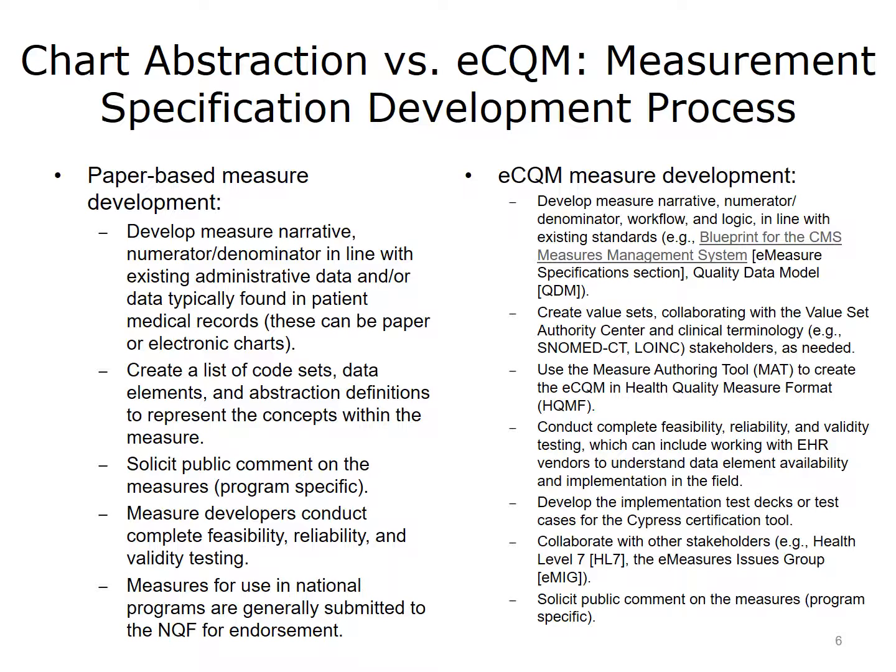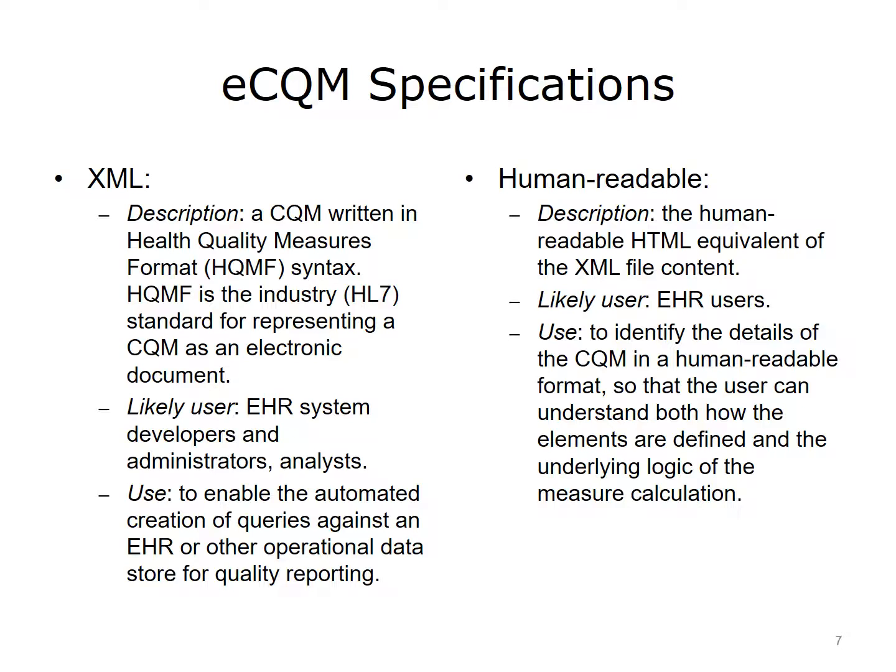This slide shows the significant measure development differences between eCQMs and chart abstraction measures. Under the eCQM column, you will see that there are several components that ensure electronic specifications, eSpecs, are standardized to facilitate machine readability without additional human intervention.